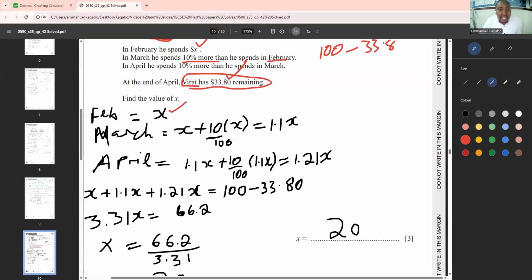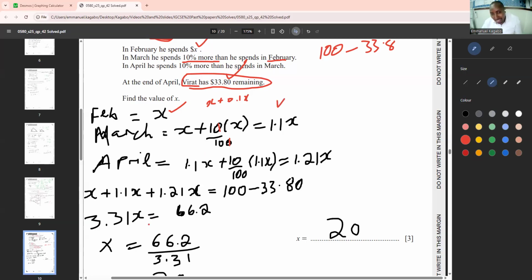In Feb, I don't know, he spent X. All I know is that in March, he's going to spend 10% more than that. So that is 10% of X. So now, that gives me X plus 0.1X. And if you add, it gives you that.